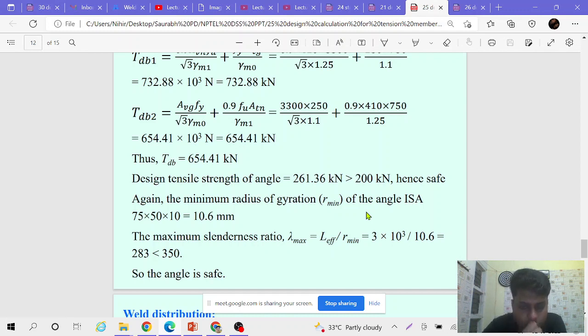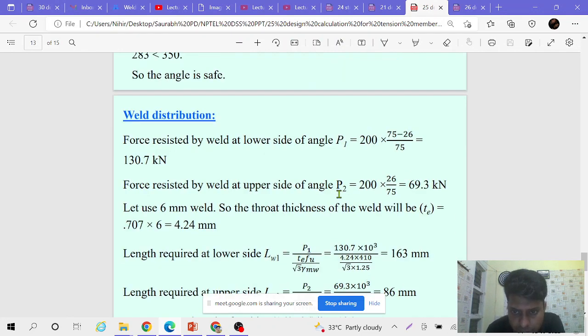Design tensile strength of the angle is 261.36, which is greater than 200 kilonewton, hence safe. Again, the minimum radius of gyration of the angle is 10.6 mm. About the centroid of the angle connection, whatever the load distribution was, it was according to that. Weld will definitely be in the calculation of LW1 and LW2.